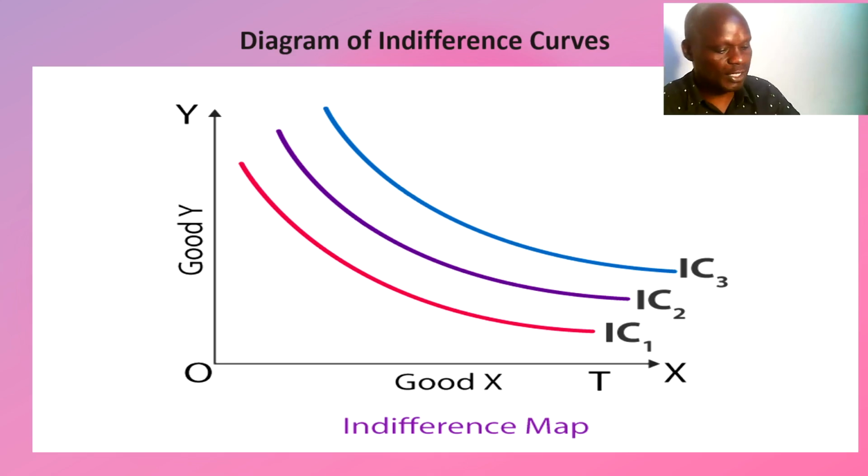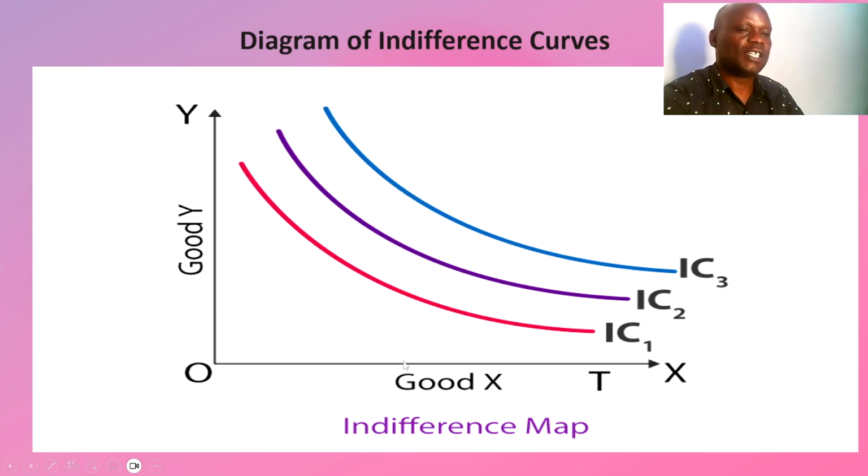So the first property is that they are downward sloping. You can see that if, for instance, I take this value of good Y, then the only combination of good X I can take is this. You draw a straight line here, horizontal, vertical. So for that value of Y, only this value of X. By taking this value of Y and this value of X, there is satisfaction obtained.